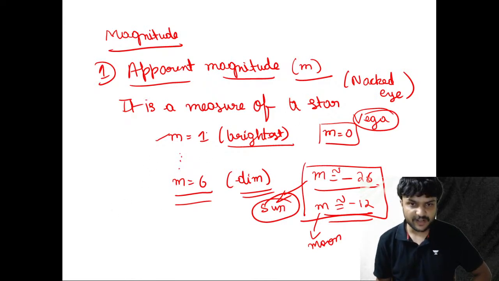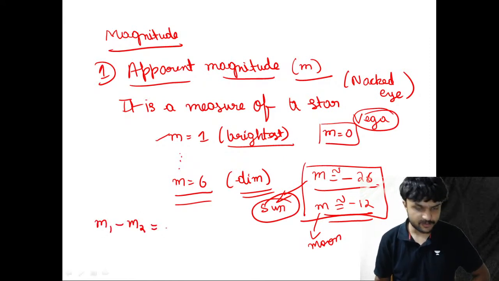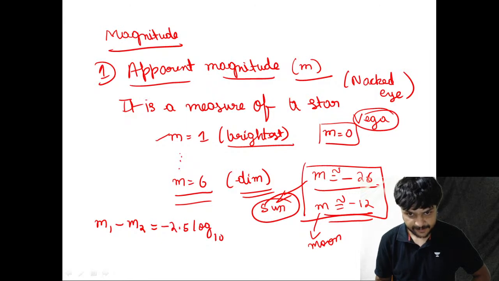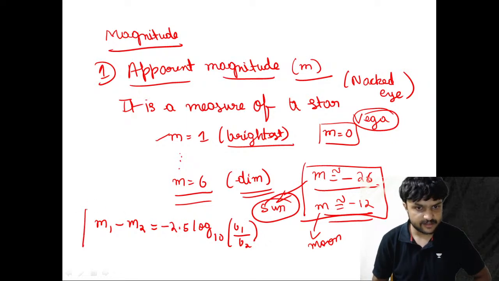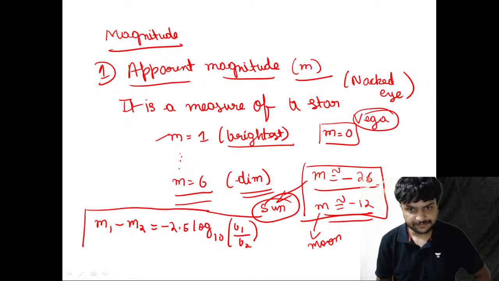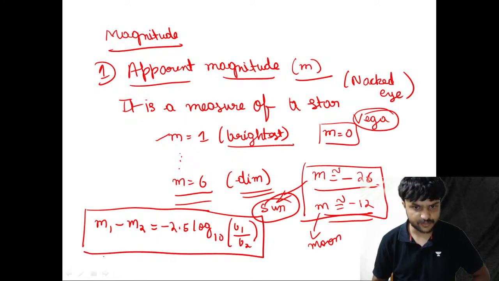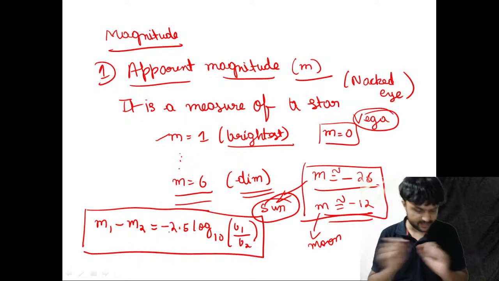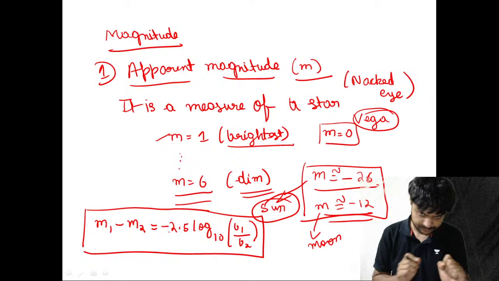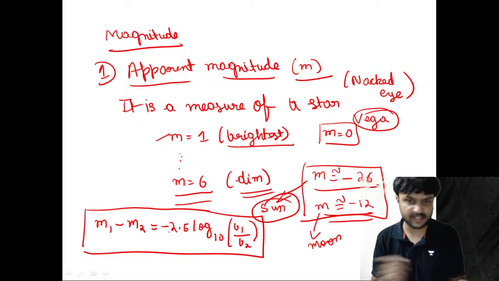So if you want to find the apparent magnitude difference between any two stars, the formula will be m1 minus m2 is equal to minus 2.5 log to base 10 of the brightness of star 1 divided by the brightness of star 2. This is the formula that we are going to use to find the relationship between the magnitudes or brightness of the stars.